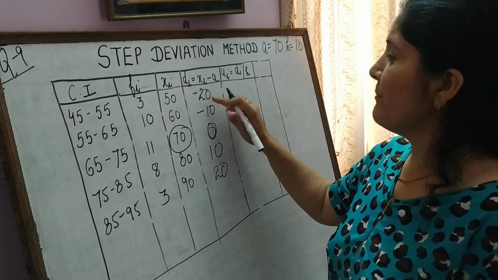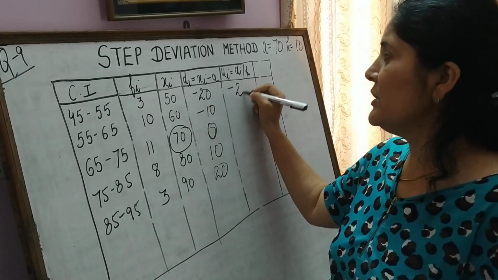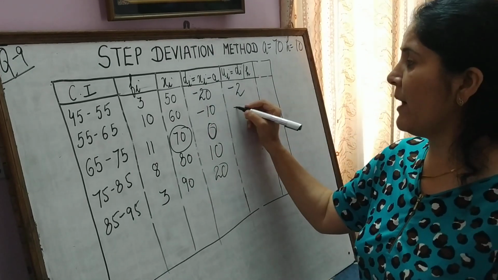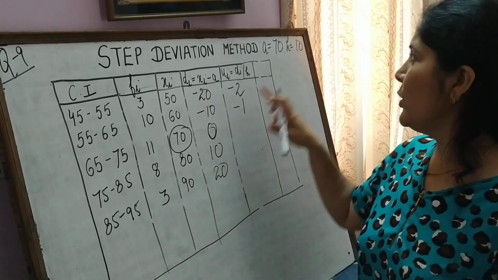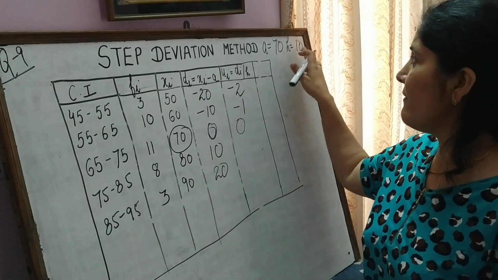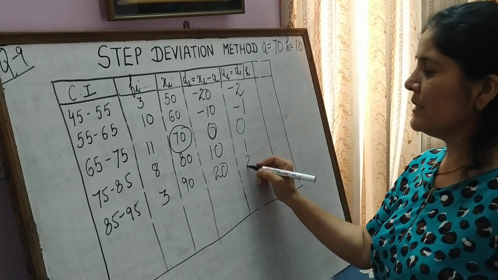Now you have to divide. Minus 20 divided by 10 is minus 2. Minus 10 divided by 10 is minus 1. 0 divided by 10 is 0. 10 divided by 10 is 1. 20 divided by 10 is 2.